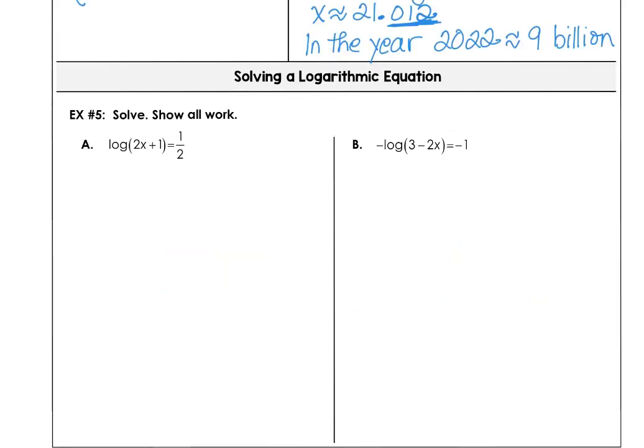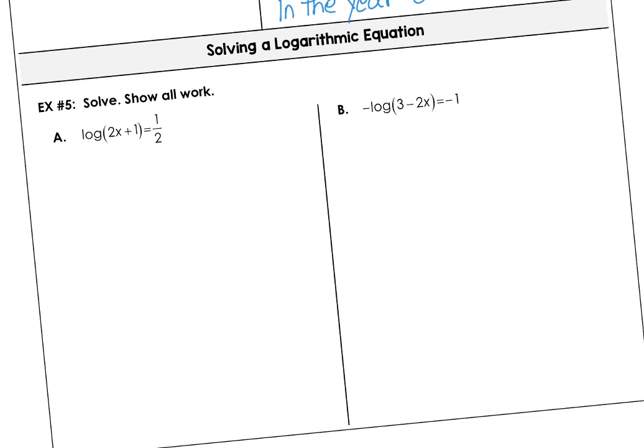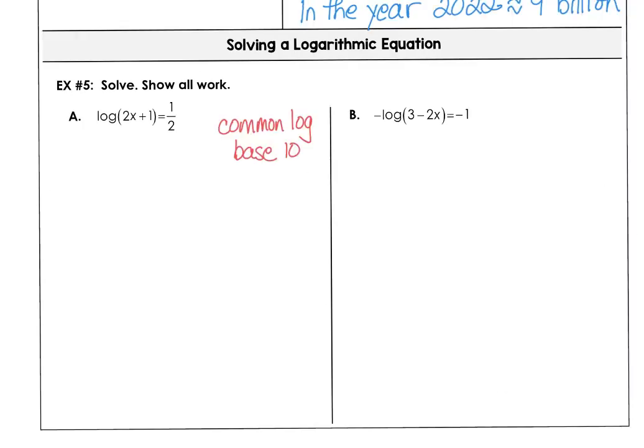In example 5, we're going to solve two equations. You notice that we're having the common log here. So in both cases, we have base 10, and 10 to the 1/2 power is going to be our number. So the number 2x plus 1 is 10 to the 1/2 power. And the 1/2 power is the same as the square root.